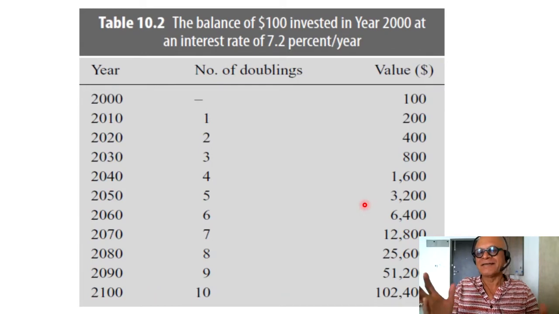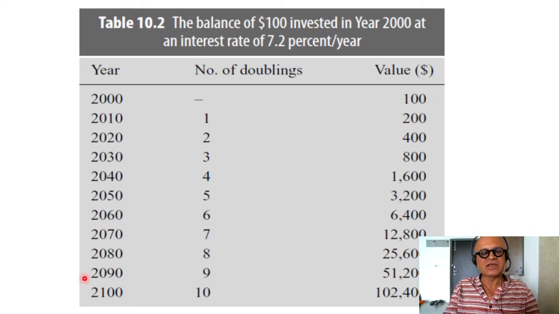So I switched the table here again, sorry about that, but it's just repeating what we said. The balance of $100 invested in year 2000 at an interest rate of 7.2% per year, which is very similar to the water problem we just talked about. So you are doubling at 10 years, so you go from 100 to 200 in 2010, 400, 800, and so on.